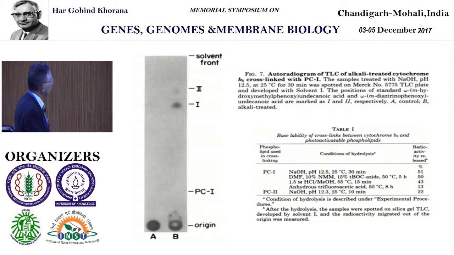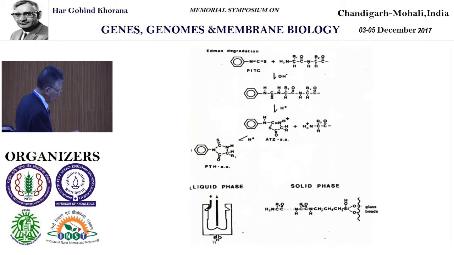analyzed by Edman degradation or stepwise sequencing, because stepwise sequencing requires an acid phase and an alkali phase. So by stripping off unstable groups and then applying them to the sequencer, but the liquid phase sequencer couldn't retain the cross-linked peptides. It just went to organic solvent.